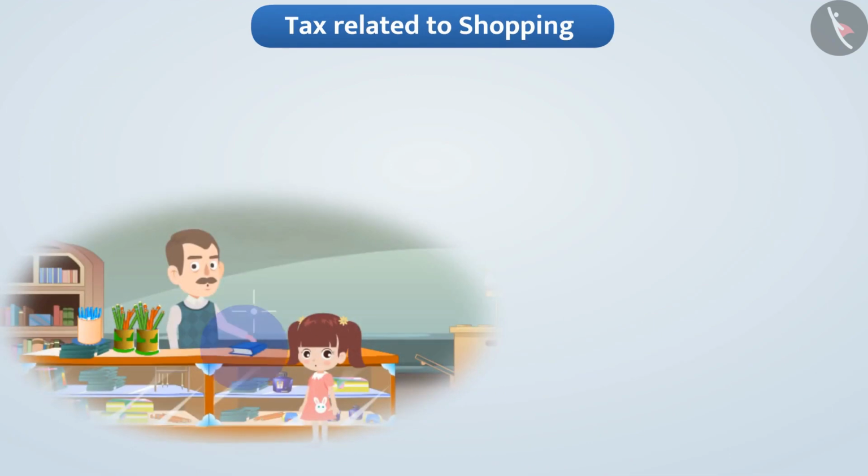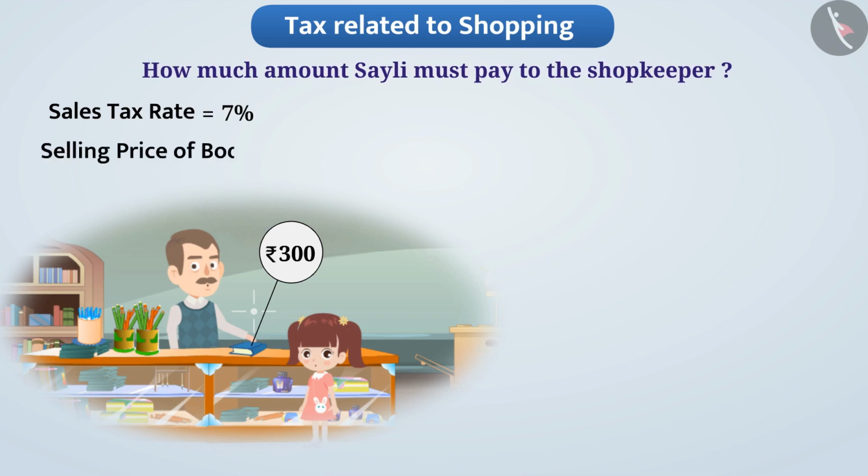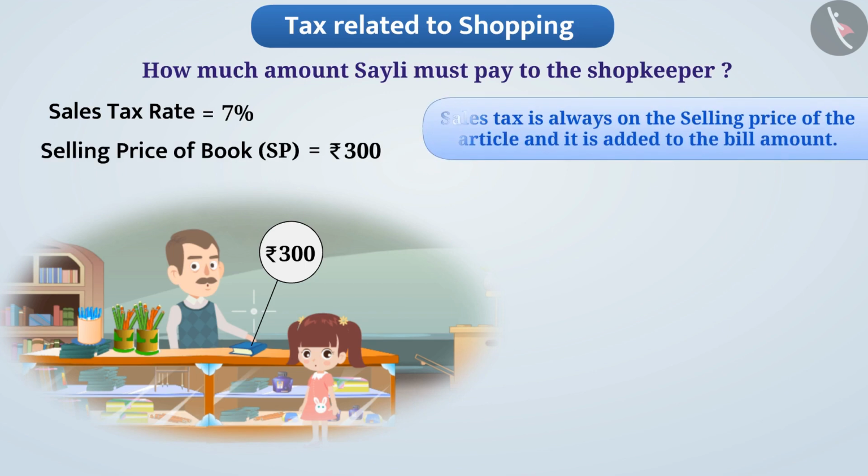Saili buys a book worth rupees 300. If the sales tax rate is 7%, then how much amount she must pay to the shopkeeper? Here, the selling price of the book is 300 rupees. Sales tax is always on the selling price of the article and it is added to the bill amount. In this way, there will be an additional 7% sales tax on 300 rupees.